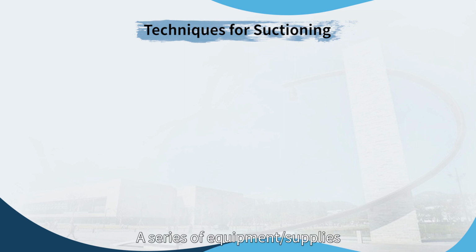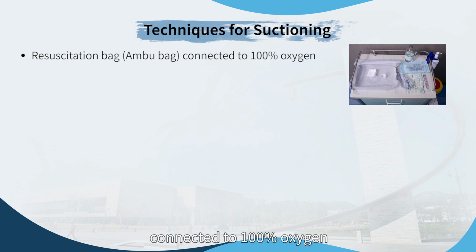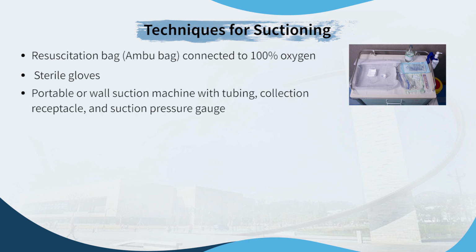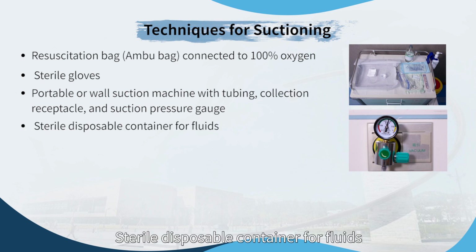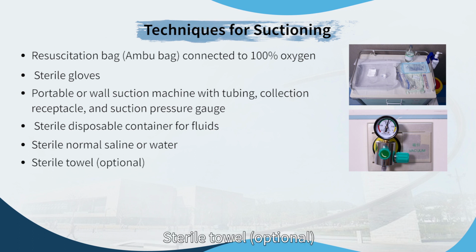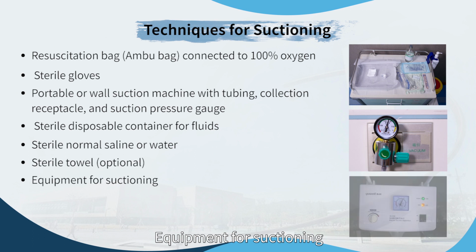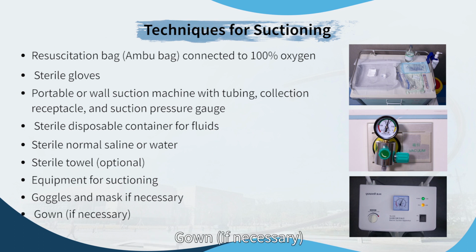A series of equipment or supplies are needed for suctioning as follows: resuscitation bag, Ambu bag, connected to 100% oxygen, sterile gloves, portable or wall suction machine with tubing, collection receptacle and suction pressure gauge, sterile disposable container for fluids, sterile normal saline or water, sterile towel optional, equipment for suctioning, goggles and mask if necessary, gauze if necessary.